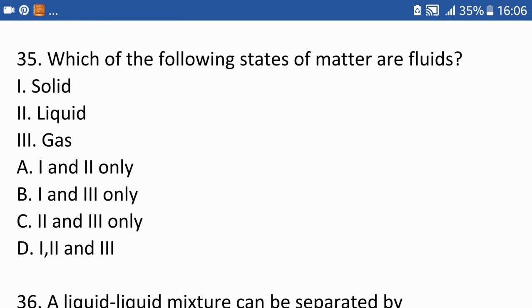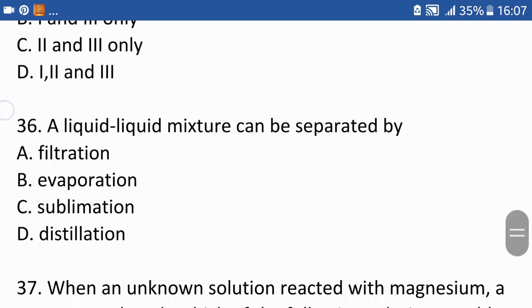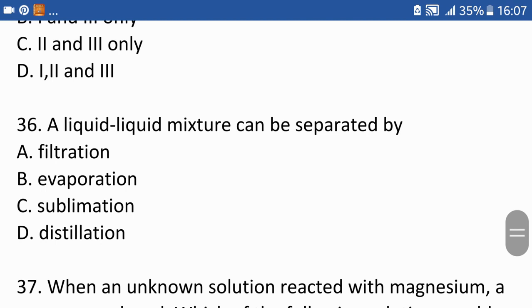Which of the following states of matter are fluids? 36. A liquid-liquid mixture can be separated by?